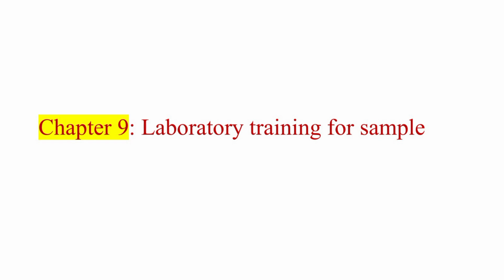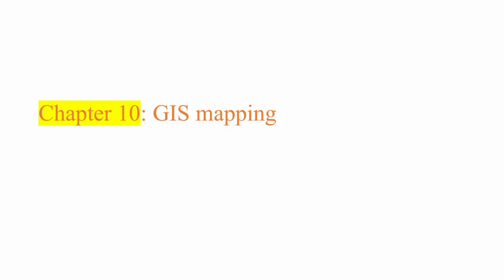Testing water quality, checking soil health, seeing what is in our sample. 10th chapter, GIS mapping. Making environmental maps on computer showing pollution spread, forest area and project locations.